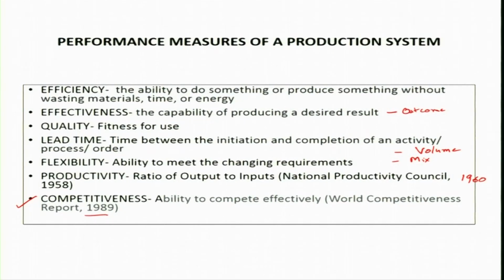But one thing we have to keep in mind, I cannot be competitive unless I am productive. So, I have to produce the products and services with a minimum of resources, and once that is done, then I should sync my products and services according to the demand of the customer. If I am able to do that together, then only I will be able to survive in the market. That is the mantra which we have to keep in mind.